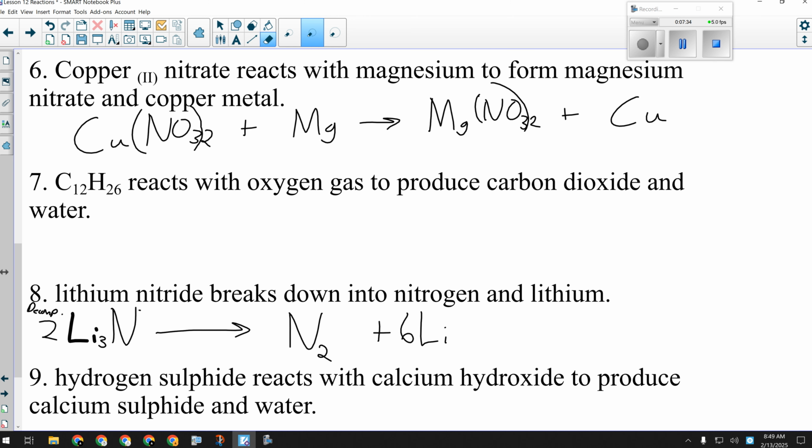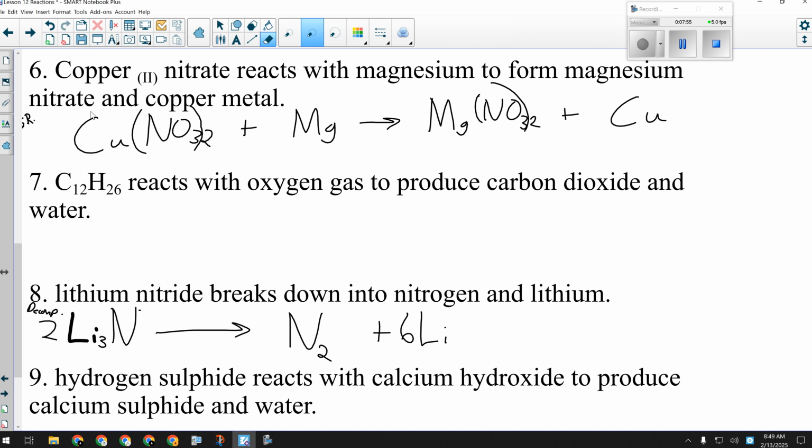What kind of reaction is that? It's a single replacement reaction. We have an element reacting with an ionic compound, and it's replacing part of that ionic compound. The magnesium replaces the copper, and the copper ends up alone. So yes, this is a single replacement reaction.